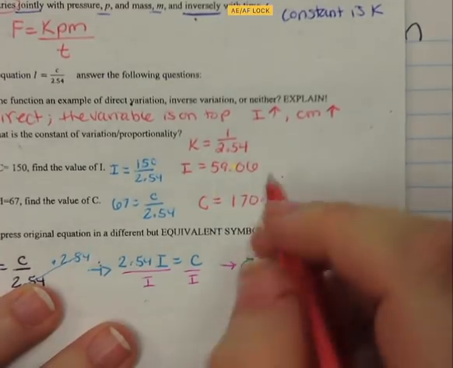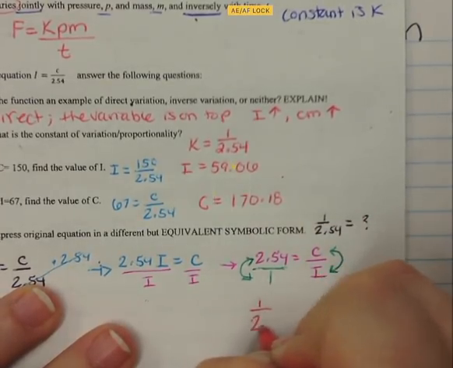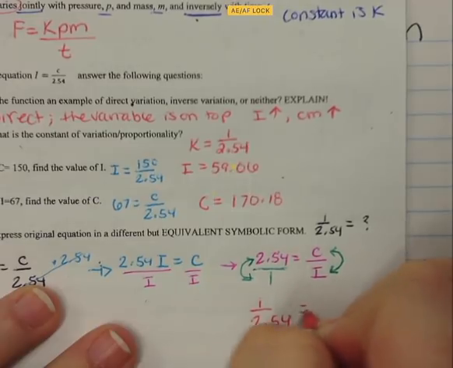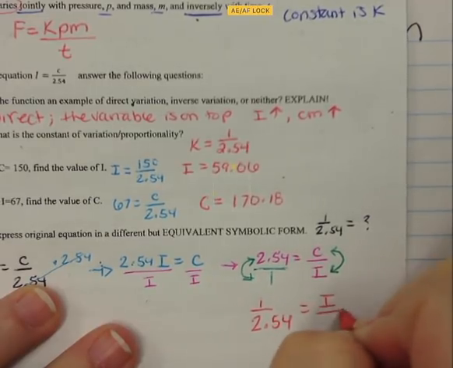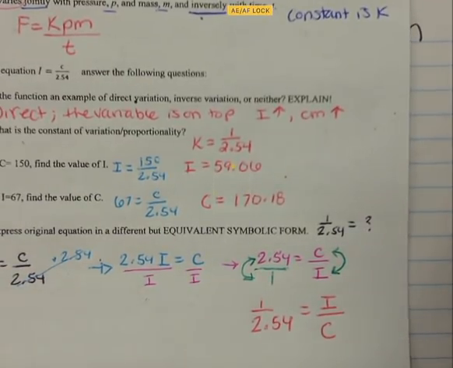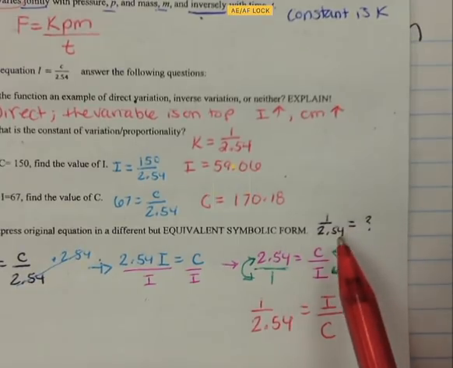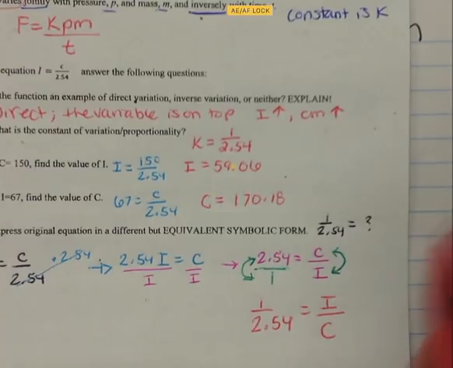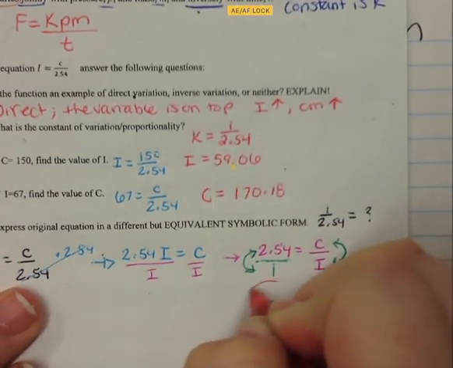So then what I'll have is 1 over 2 and 54 hundredths is equal to I over c. And this is our final answer.